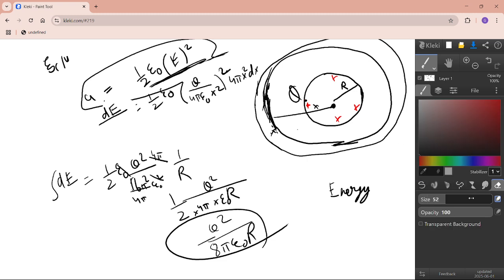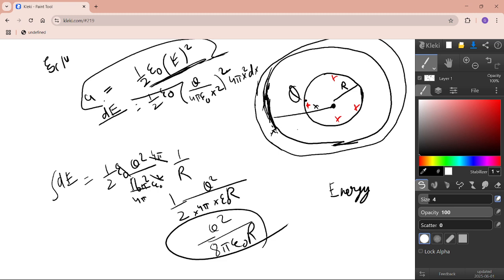Just a small remark. This is basically the energy gained by the electric field of a solid spherical conductor, and it is the same if the distribution is uniform.